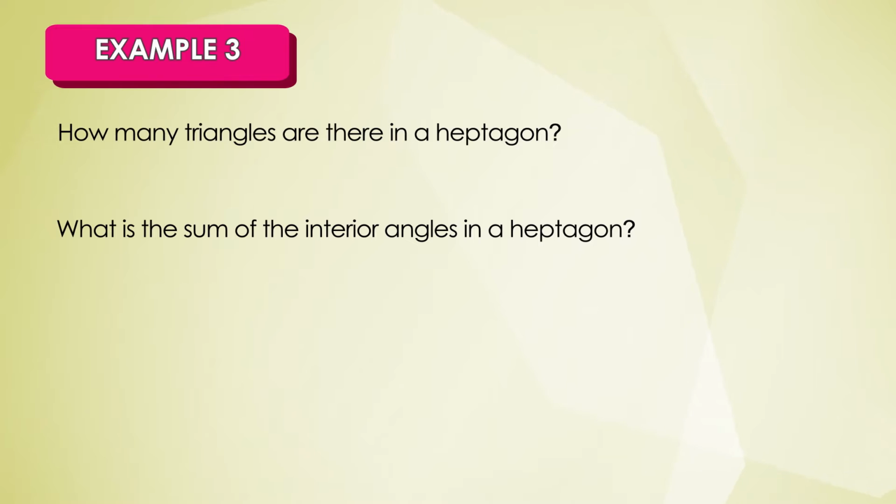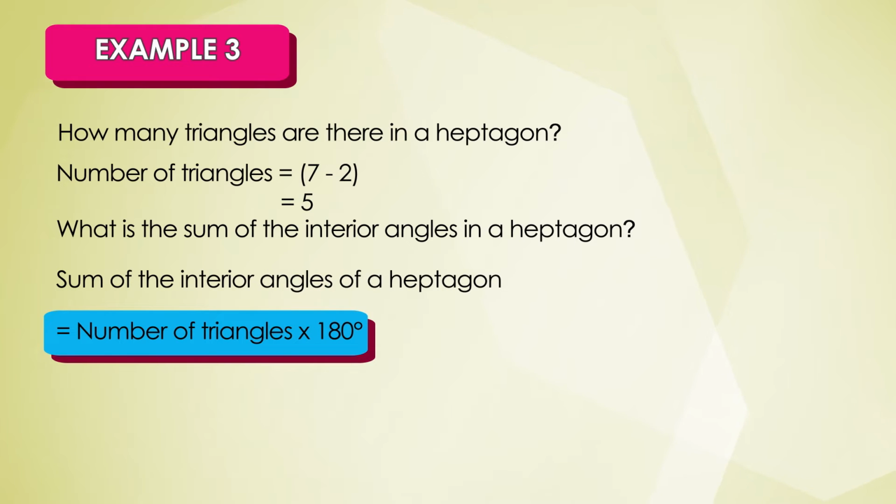That's right! The number of sides of the heptagon is 7. And the number of triangles is 7 minus 2, which gives us 5. So, the sum of the interior angles would be 5 times 180 degrees, which gives us 900 degrees.